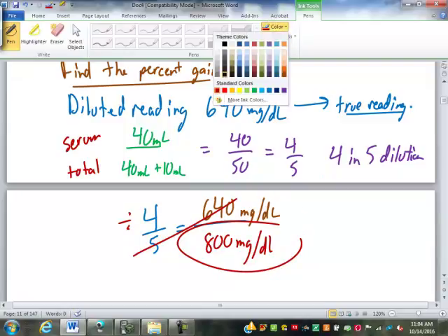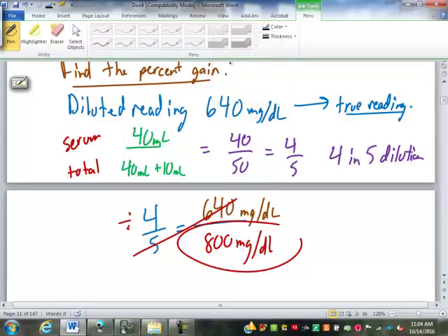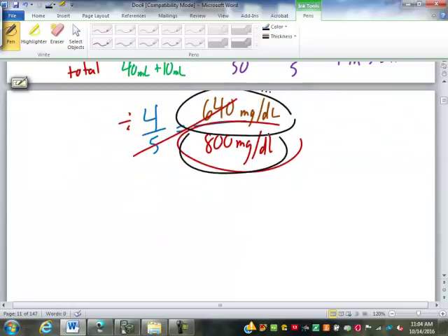But I also asked, what is the percent gain here? Well, the percent gain here is the change from the diluted reading to the actual reading. So that change is 800 minus 640 over the 640.